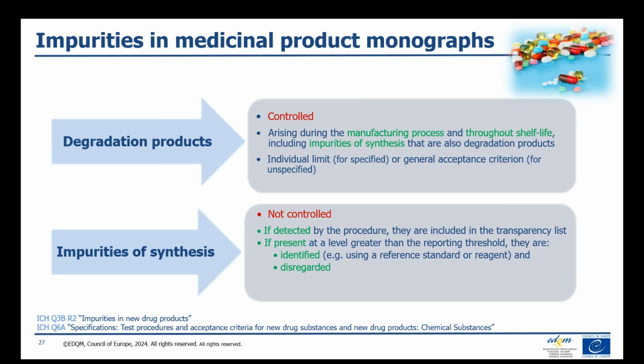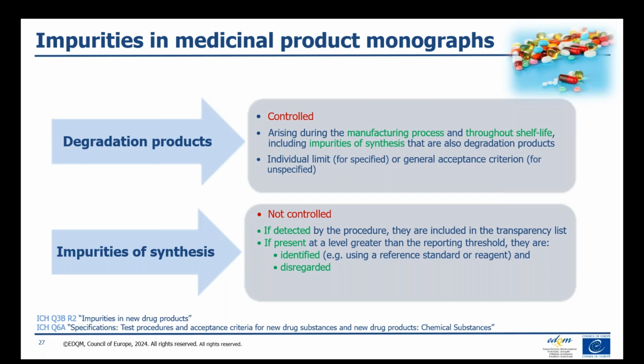As for the API monograph, they can be limited with a specific limit. So they will be listed as specified impurities, or they will be limited by the general acceptance criterion. So there will be a limit for the unspecified impurities. It's more or less the same rule which is followed.